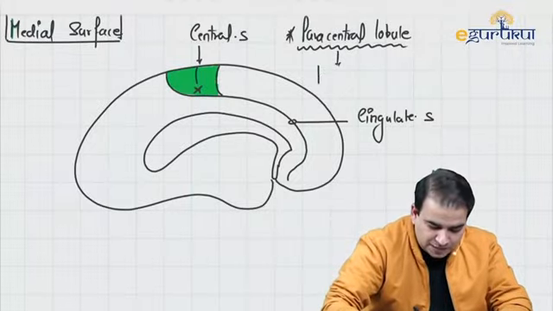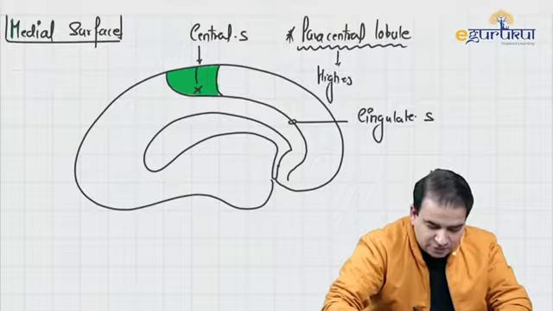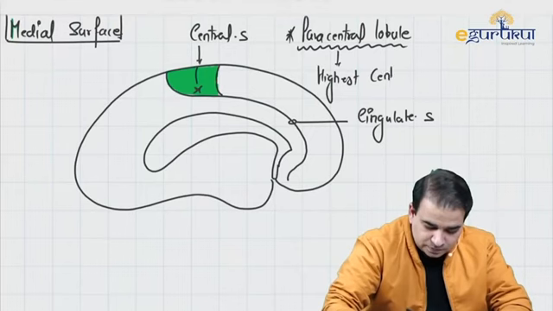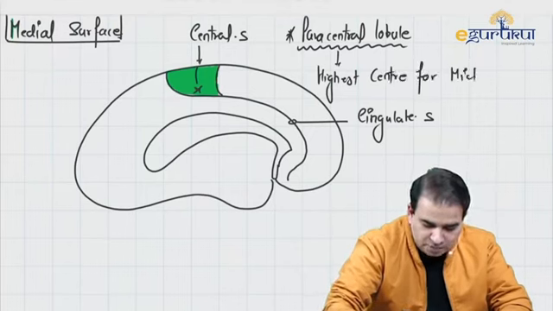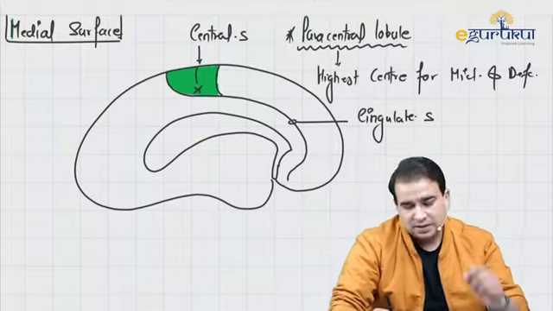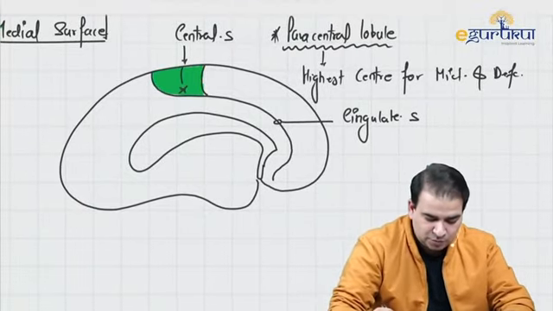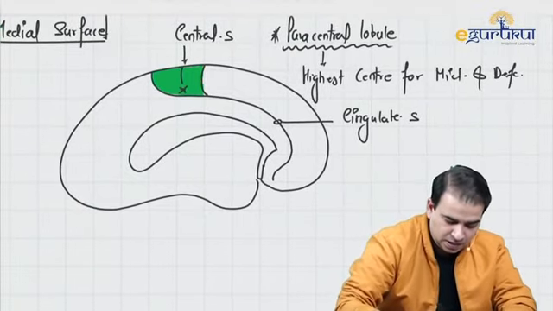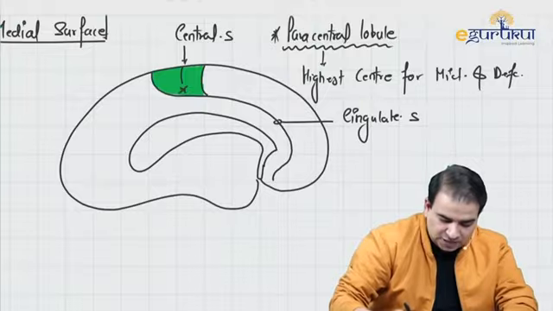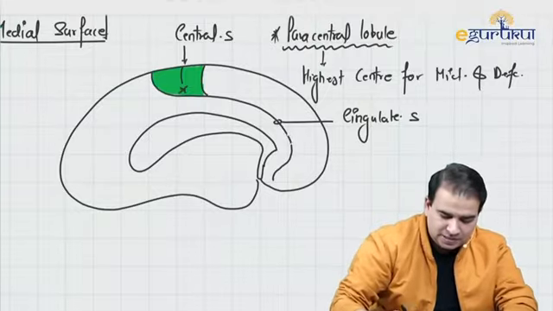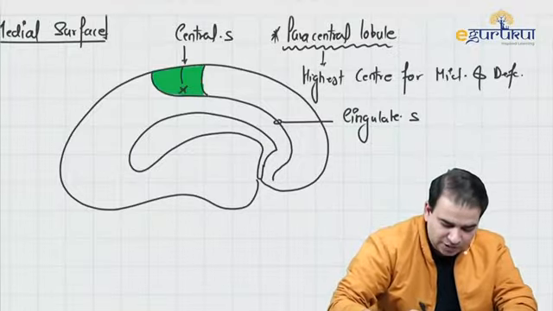Because the paracentral lobule is the highest center for micturition and defecation. Please note that. So the gyrus present below this cingulate sulcus is called the cingulate gyrus only.